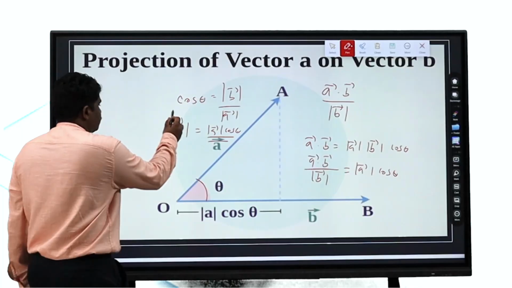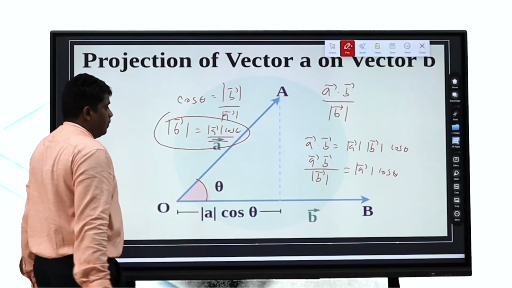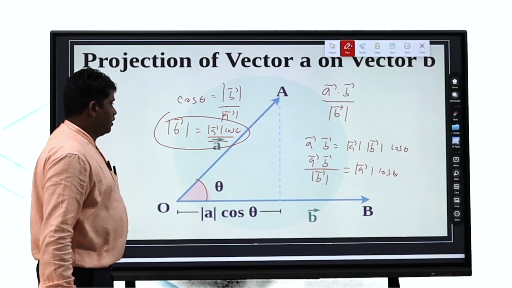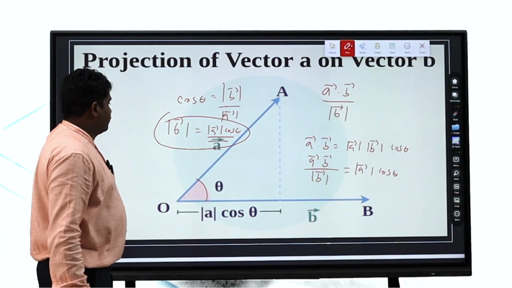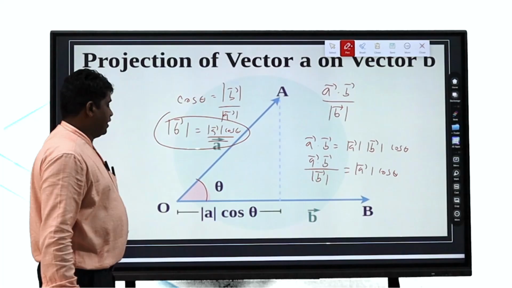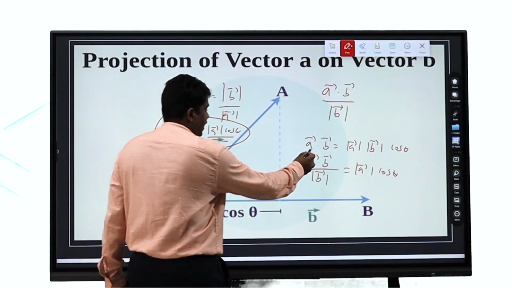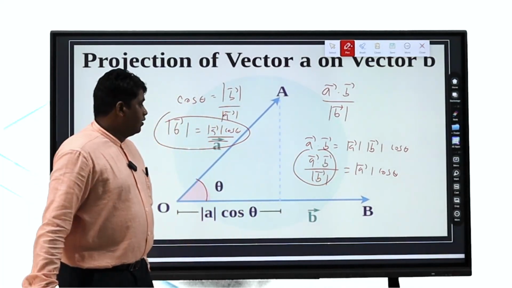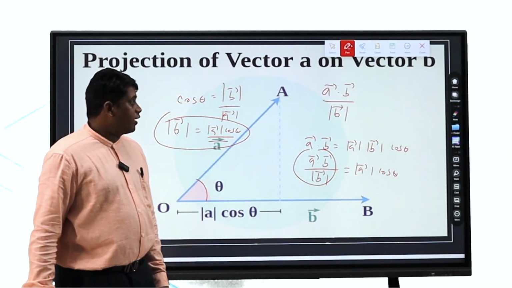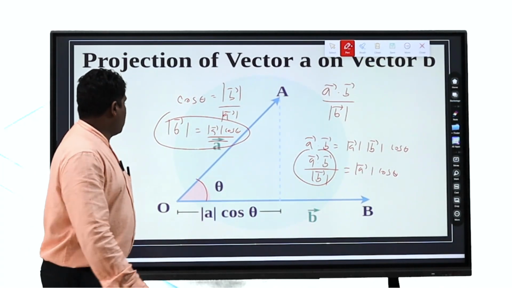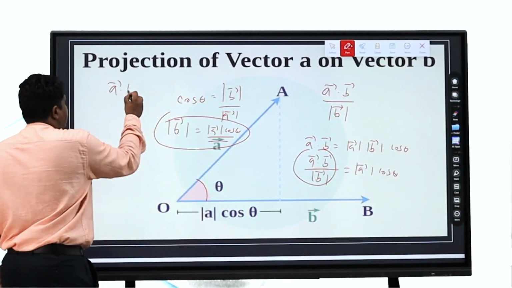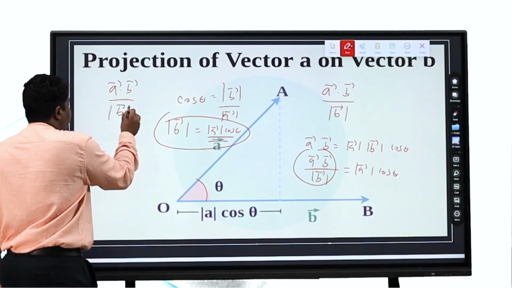Which means the projection of A on B is given by A dot B divided by magnitude of B. Projection of A on B is A dot B divided by magnitude of B.